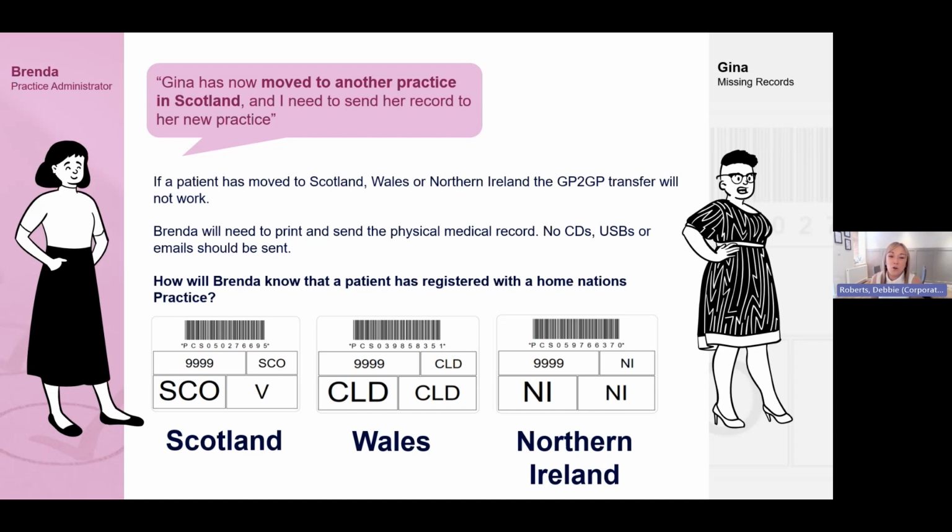They wouldn't always recommend putting a foreign CD into a clinical system because it might not be safe to do so. It may even be password protected. Essentially it means that staff are left with no medical record. So print the record off, and then send that out with your next sprint delivery.